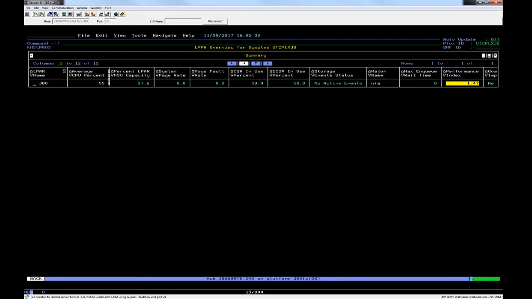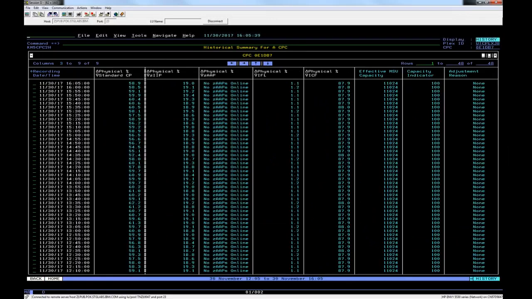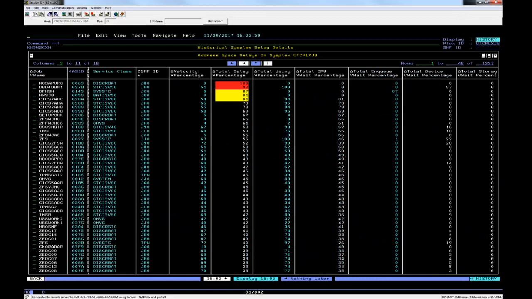I go to history, and look, here's something that's interesting that I haven't shown. It's a feature of the product. We can look at all of the address space delays across the entire Sysplex. It just so happens it's a characteristic of this support that we can look at other LPARs outside the Sysplex.